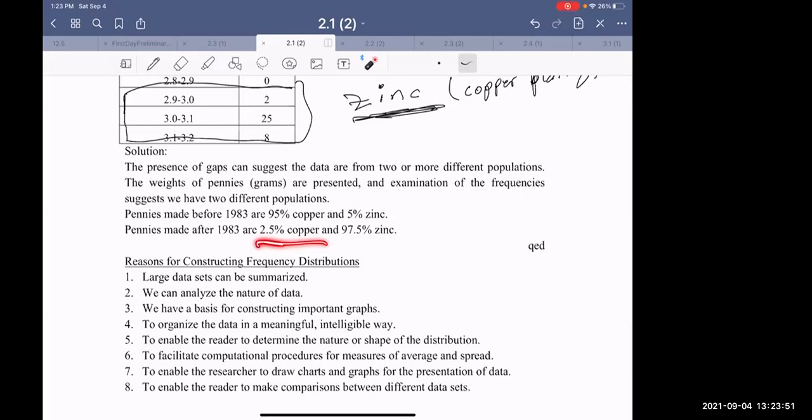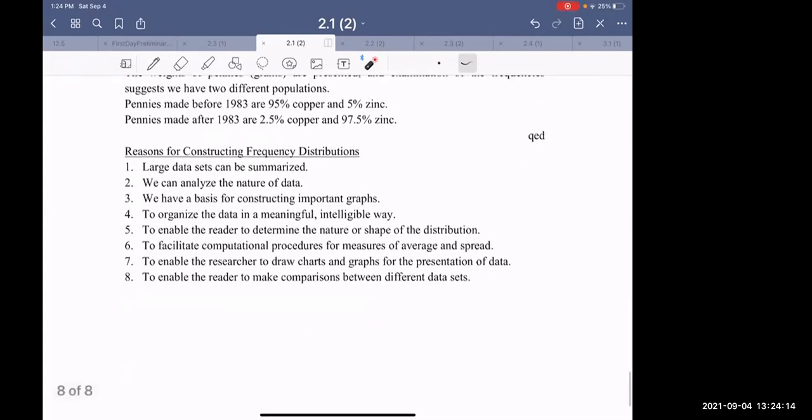But even though it costs too much, people don't like when the government says they're not going to produce pennies, because then they're afraid that everyone's going to raise prices when they round up to the nearest nickel.